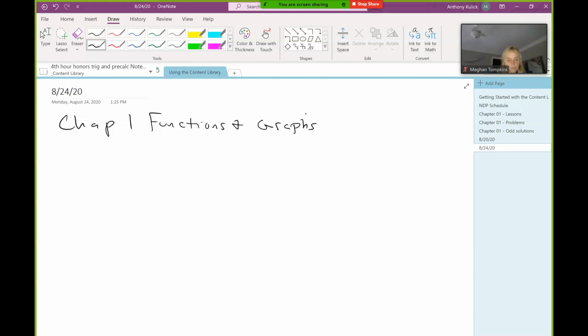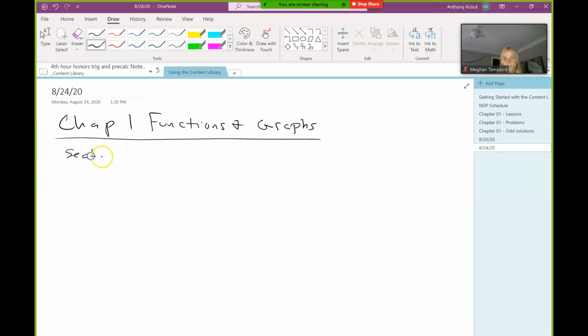We'll probably broach some stuff that you didn't do exactly in Algebra 3-4, but a lot of these ideas are repeats of things you did probably at the beginning of your Algebra 3-4 class last year, which is fine. It's good to review these ideas because they are important ideas.